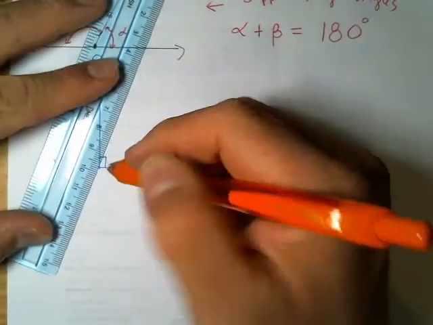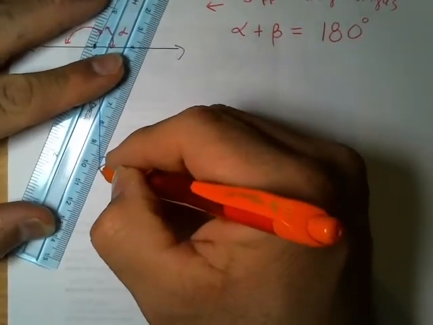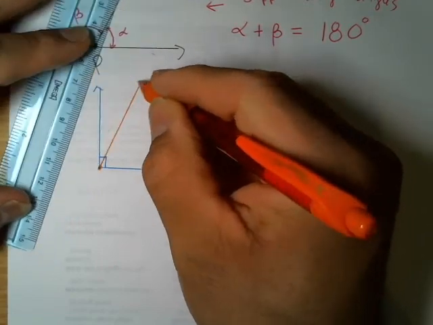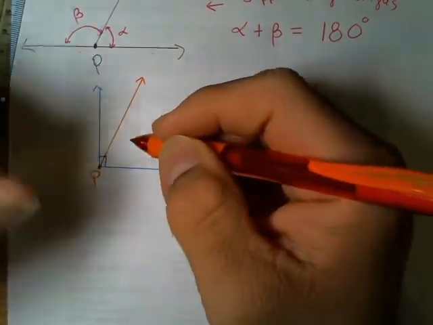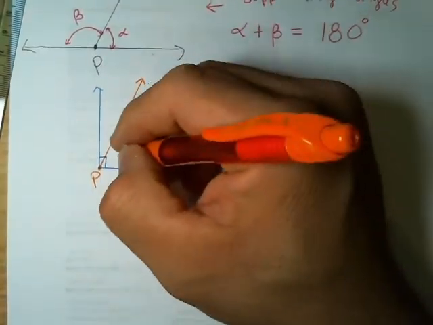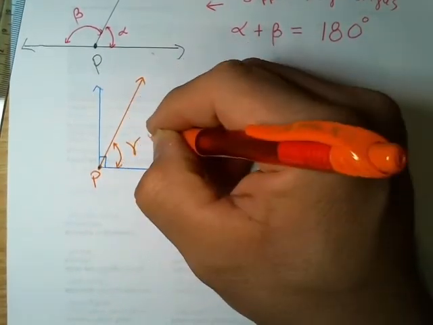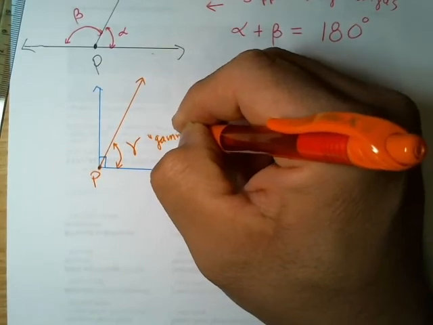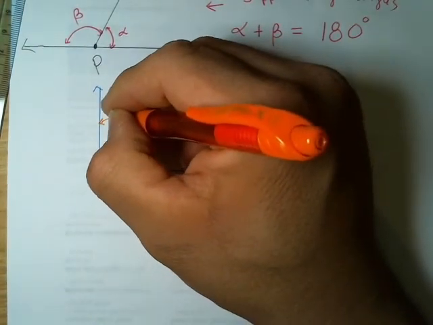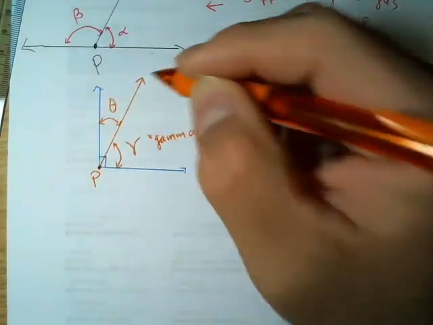Two angles are complementary. Let's call this one gamma, another Greek letter, and this one theta.